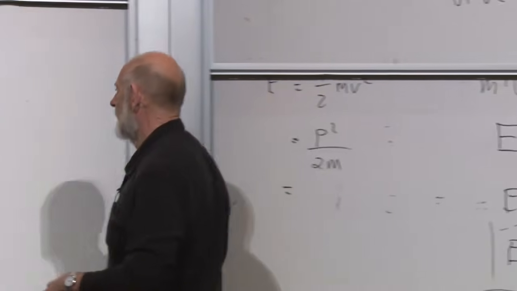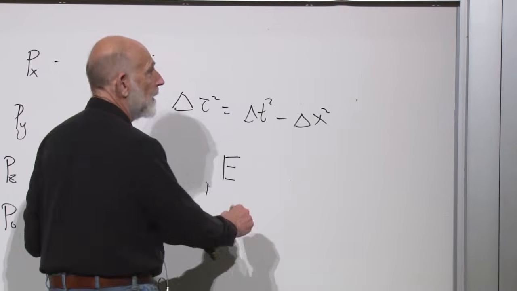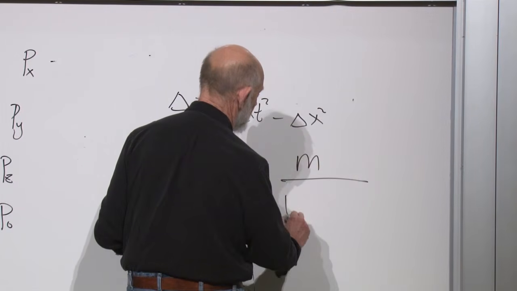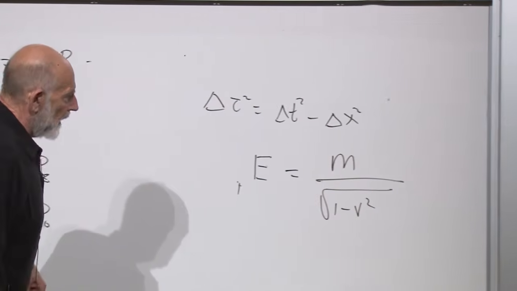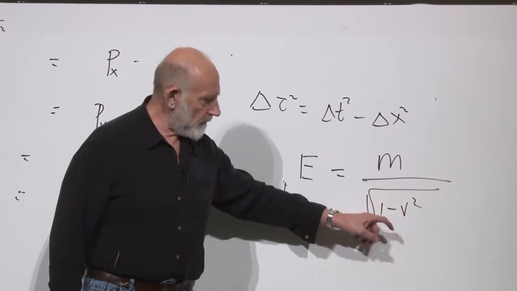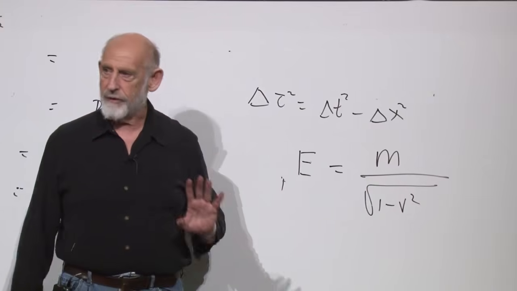All right, so we begin with E equals m divided by the square root of 1 minus v squared. Right, so we look at the units. Right now, a 1 and a v squared have different units.